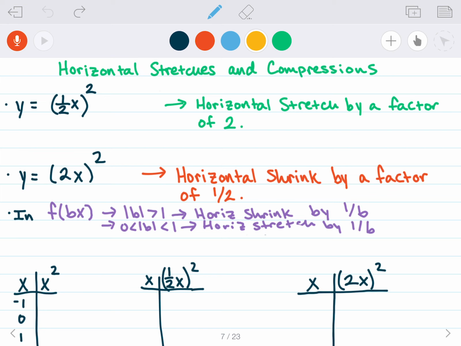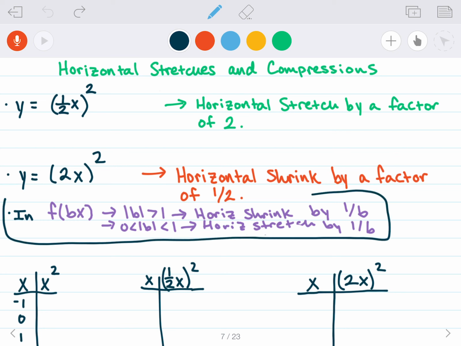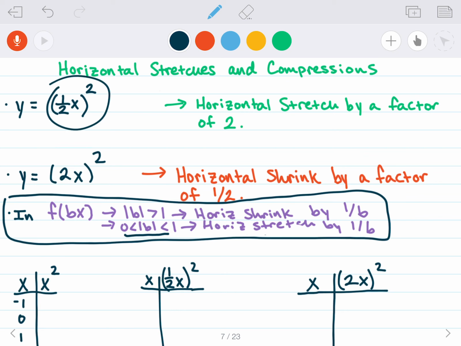Whatever number is being multiplied by x is going to tell you whether it's a horizontal stretch or shrink. If that number being multiplied, and I wrote it right here, is less than 1 but greater than 0, if the absolute value is less than 1 or greater than 0, in this case because that's 1/2, then we have a horizontal stretch by a factor of 1 over that number.